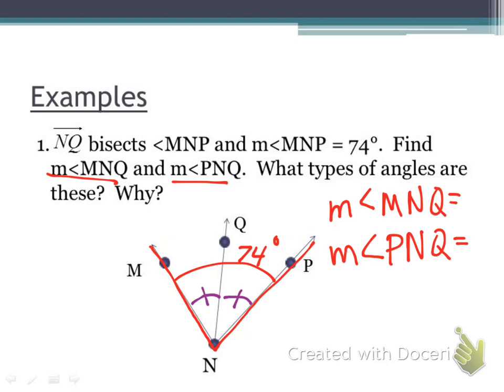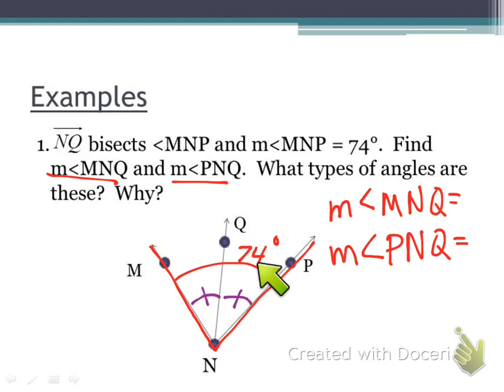So MNQ is this smaller angle on the left, and PNQ is this smaller angle on the right. So if the entire thing is 74, and we bisected the 74, we should now have two congruent smaller angles.